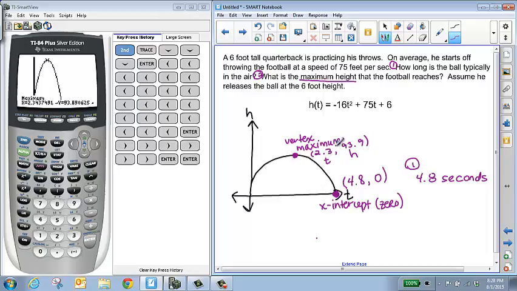So when it's asked for the maximum height, we want to actually use the 93.9 feet, because that y coordinate of our vertex is going to give us that maximum value. So the max height that the football reaches is 93.9 feet.